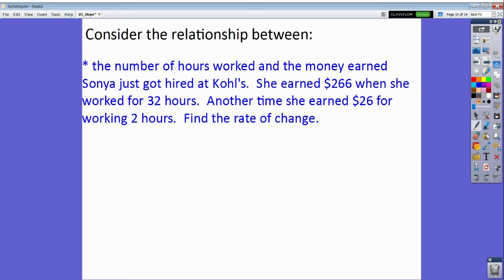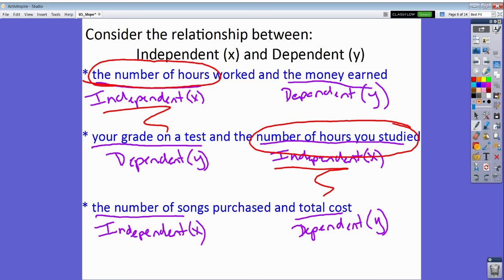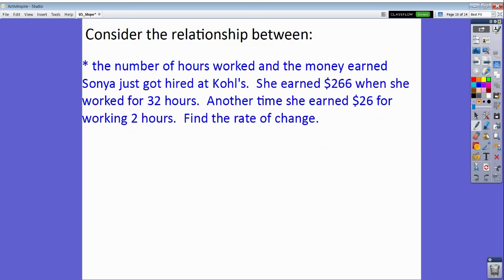So this is the first example that we had. The relationship that is involved in this word problem is based off of the relationship that we discussed on this page. We talked about the number of hours worked and the money earned. That's what this is based off of. So in this problem, we already know that the independent variable is going to be the number of hours.